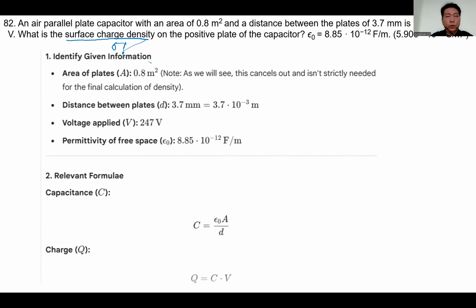Let's try to find out what is given. The area is given, distance is given, voltage is given, and then we need to specify the capacitance.